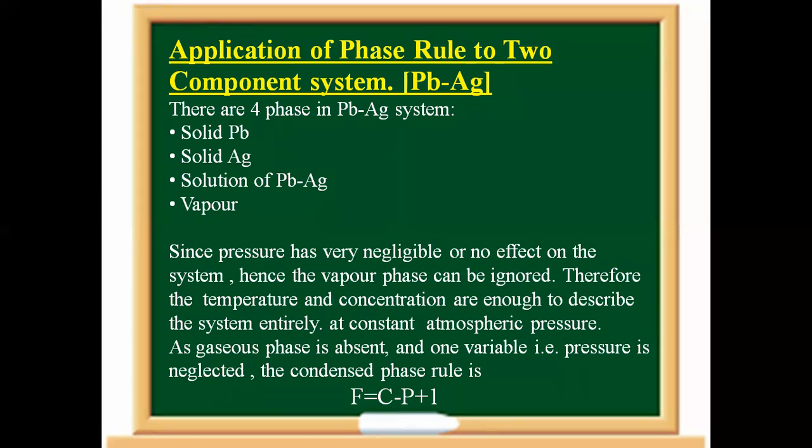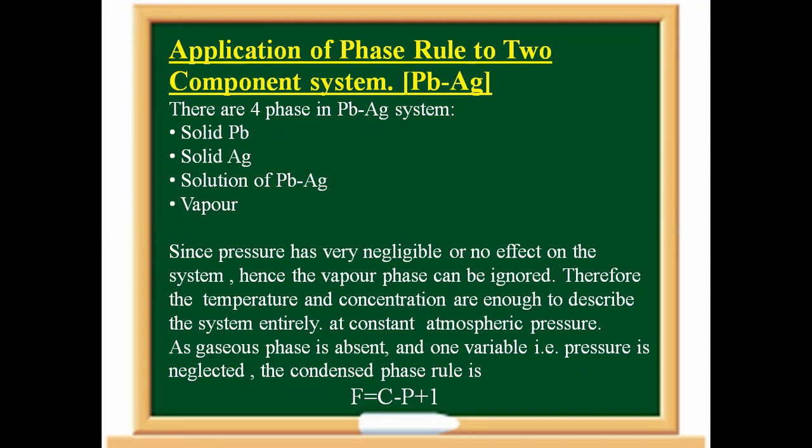Okay, I repeat once again. Composition and temperature play a vital role. These are the two variables which explain the entire phase diagram. Where the pressure is kept constant because it is almost negligible, in fact not present, in such a situation the Gibbs phase rule gets reduced by one variable because the gaseous phase is absent.